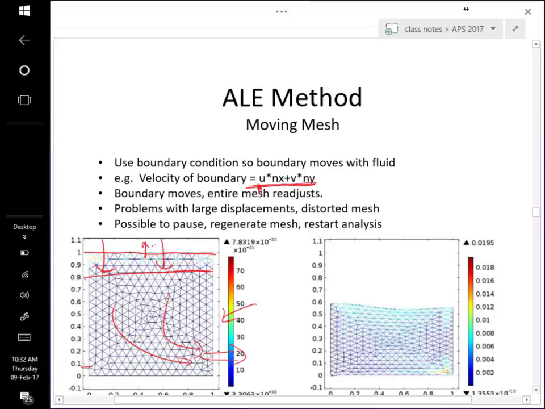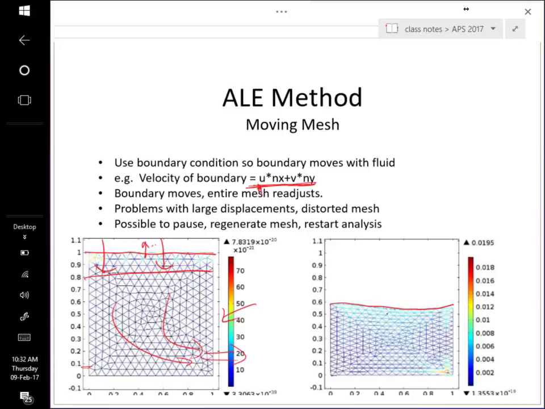You can see this curve to the surface. That's from this wave that's happening as it sloshes back and forth. And so the mesh is being deformed in response to this action, the change in the volume of the fluid in here. And what happens then is these guys get deformed. Eventually, the mesh will get so deformed that it really compromises the accuracy of the solution, and it has to stop.